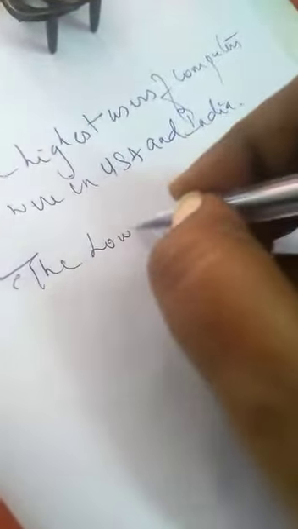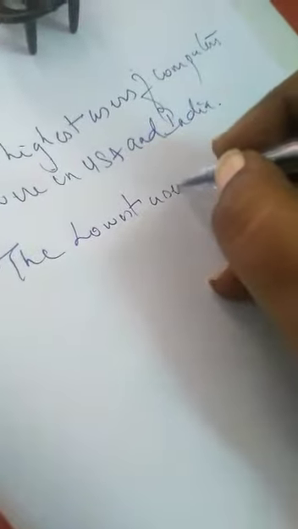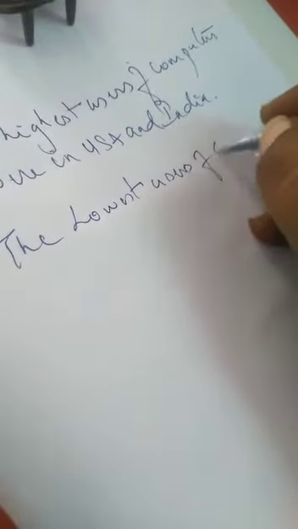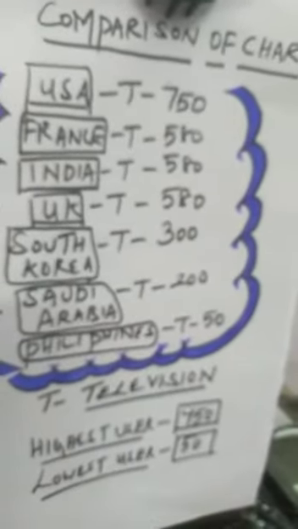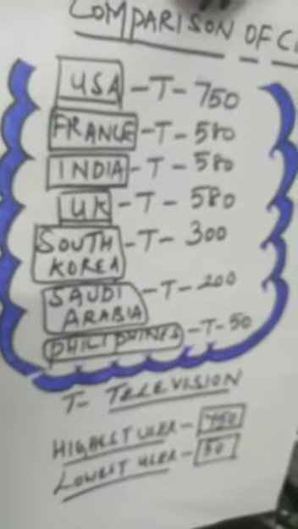The lowest users of computers were in the Philippines. You can frame sentences like this, and using the same idea you can write it for the next one, that is, television. That also you can try, students.